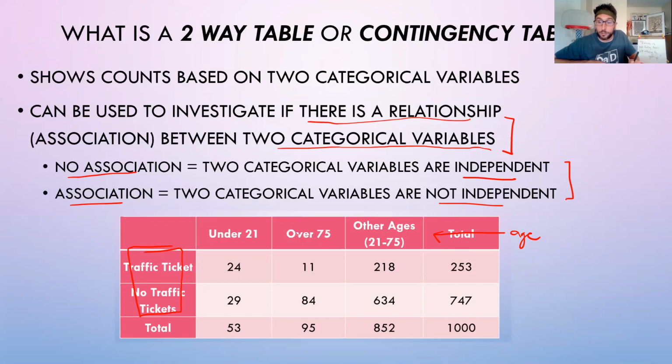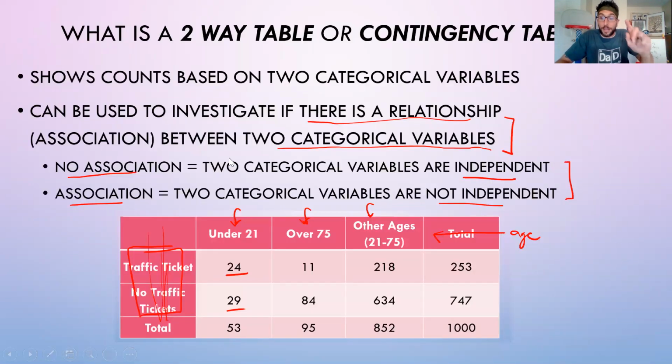So here age isn't used quantitatively, it's just used to put you into one of these three categories. So we've got two variables, age and then ticket or not, and we're looking at the counts or numbers of people that fell into each. And so this is called a two-way table, right? Got variables going two ways, or a contingency table because it's showing the distribution of one categorical variable contingent upon another.